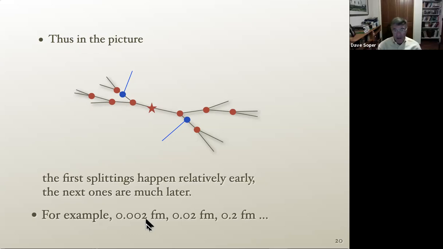Then the next one is much further apart, say 10 to the minus 2 Fermis, and the next one is even further apart. So the time scale is getting bigger and bigger. It was hard to draw in this graph, but I should have drawn these things way spread out in time.